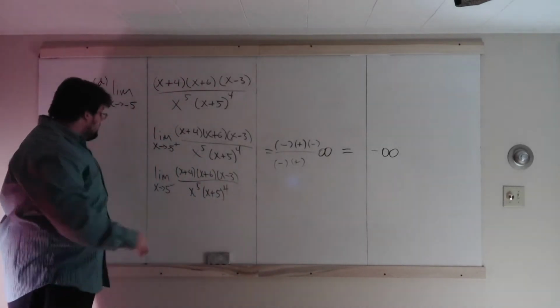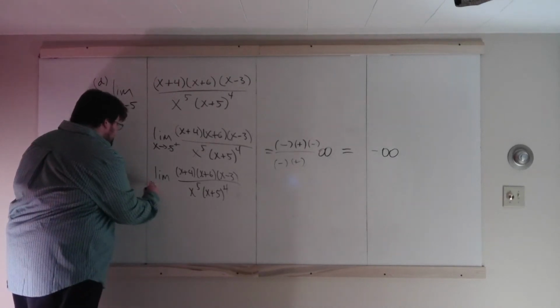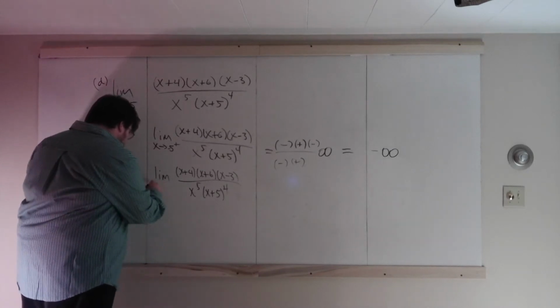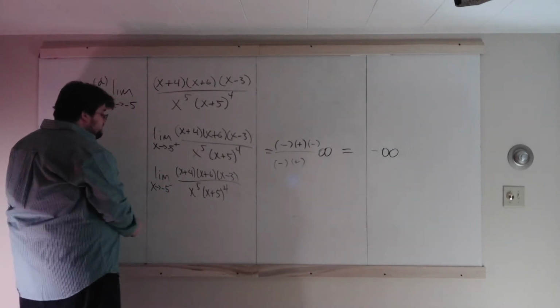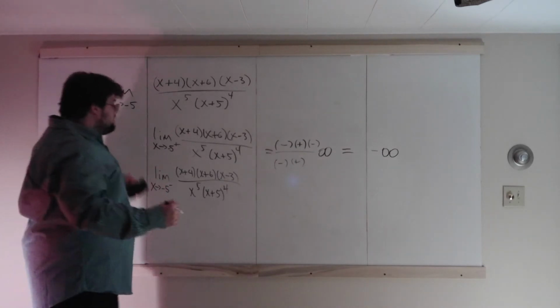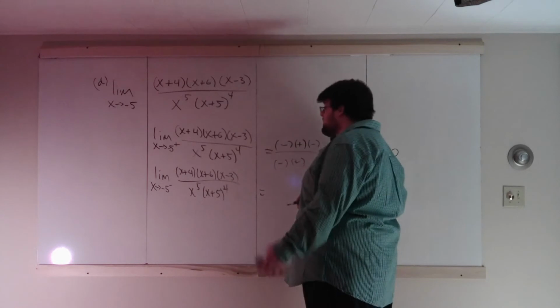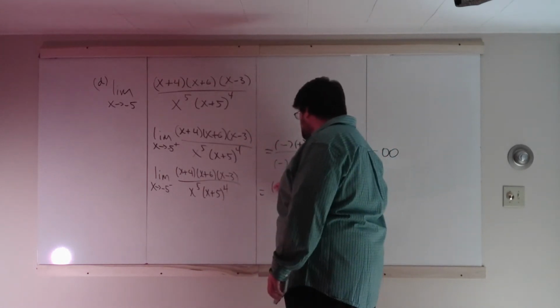And now, we'll check the other side. On the other side, oh, this is negative 5, not 5. On the other side, we want numbers to the left of negative 5. X goes to negative 5 on the left. We need numbers on the left of negative 5, so numbers like negative 5.01 or things like that. Substitute that in x plus 4. That again will be a negative.